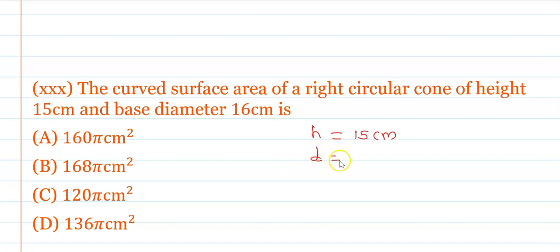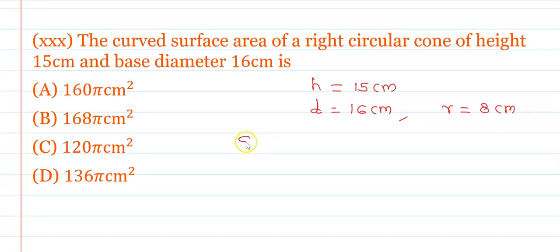That is, D is equals to 16 centimeter, and therefore a radius is equals to diameter upon 2, 8 centimeter. We want to find out the curved surface area. Okay, that is S suffix C, and its formula is pi r l. Means what, we want to find out the slant height.